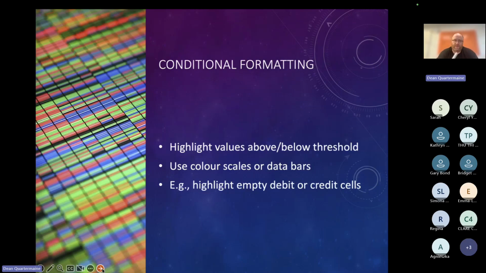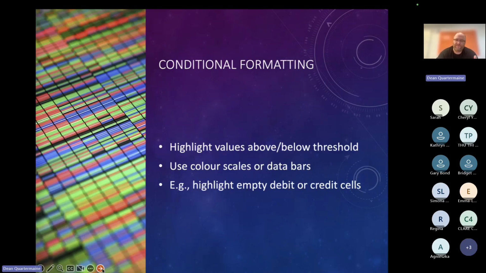So if you've got some management accounts report doing some variance analysis, you might highlight variances. Well, some people will highlight all negative variances. They'll highlight those in a certain colour.